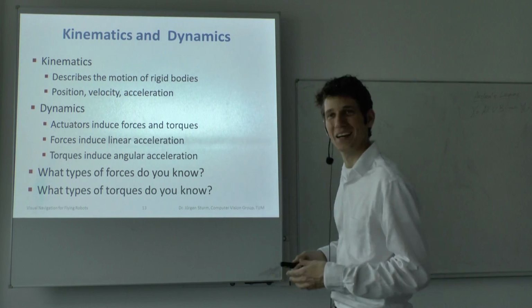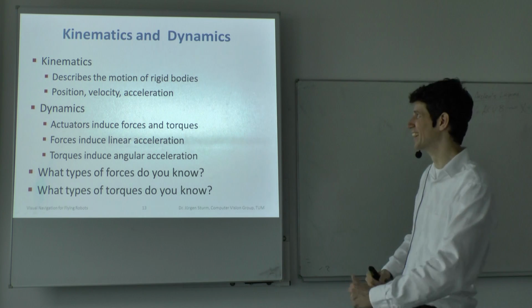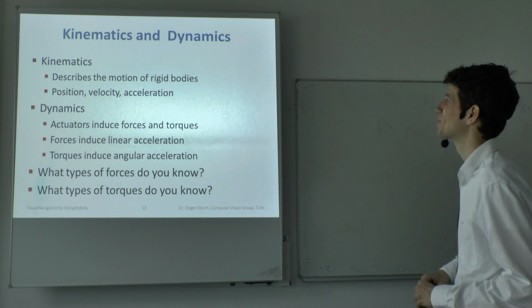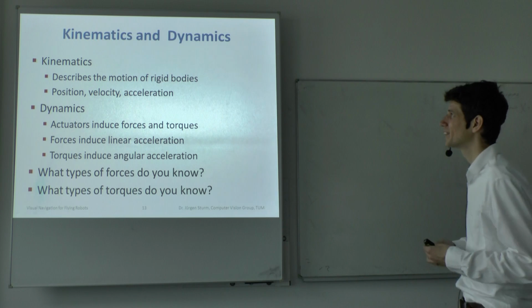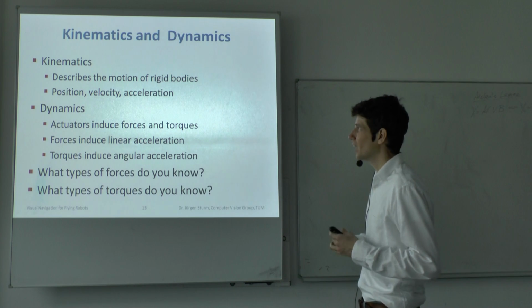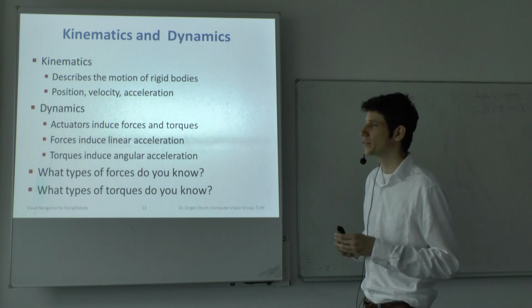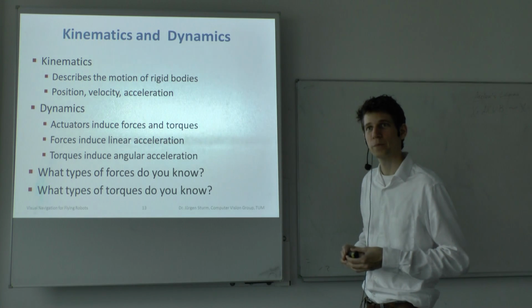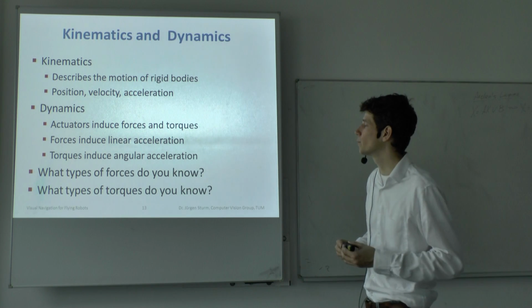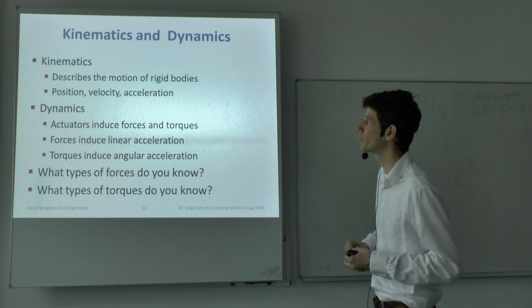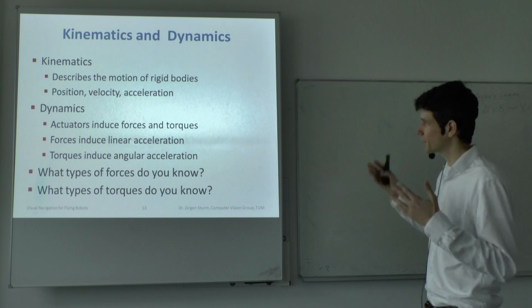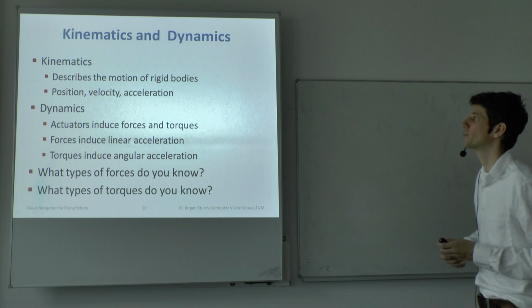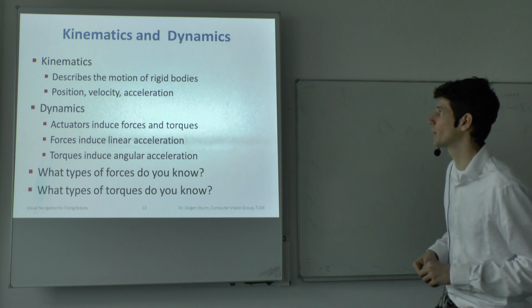But of course, as I said, the question is, why do we need that? And this brings us to the kinematics and dynamics. I guess for those of you who had physics lectures or maybe have some knowledge in mechanical engineering, you already know, but otherwise I'll briefly explain all the concepts that we require here.